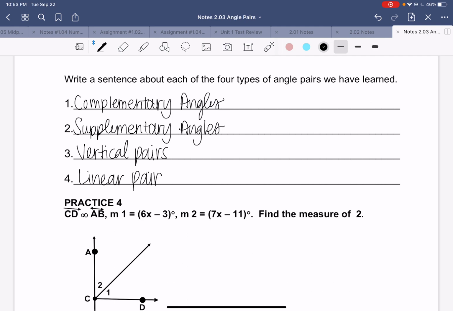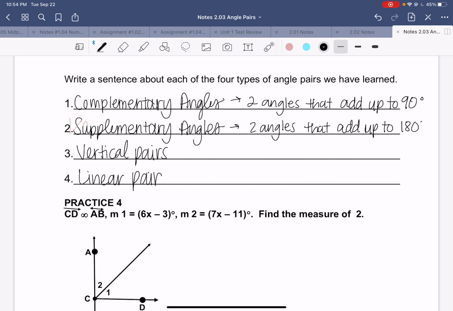All right, so complementary angles are 2 angles that add up to 90 degrees. Supplementary angles, remember we could do this little thing with the 1 and 8, are 2 angles that add up to 180.